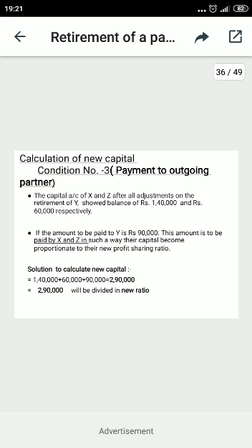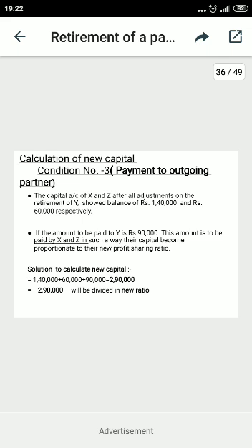The amount is to be paid to Y by X and Z in their proportion to the new profit sharing ratio. So listen again, Y is leaving the business with 90,000 and X and Z decided to pay Y the amount in their profit sharing ratio. In this case, you may write down that the payment to Y's account is closed by making the payment, but capital is needed for X and Z.